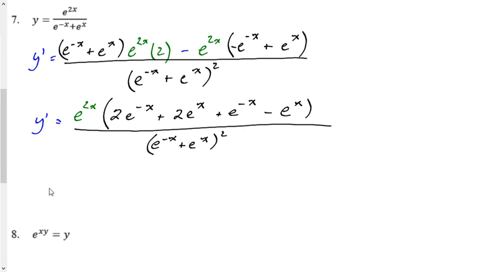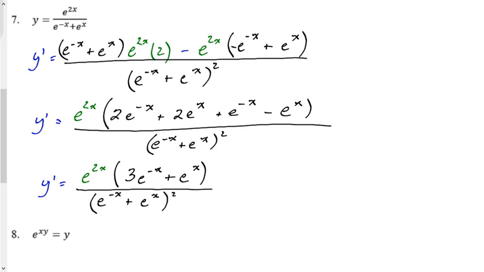And there's a simplified derivative. Now, are there different ways we could write this? Sure. But we'll just stop at this point. With logarithmic expressions and exponential expressions, there's often multiple ways that we can rewrite a single expression. Let's go on to question number 8.